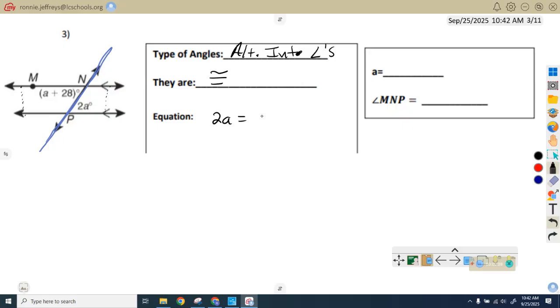And I'm going to set it up this way. Because you can choose to set it up the way that makes it easier for yourself.